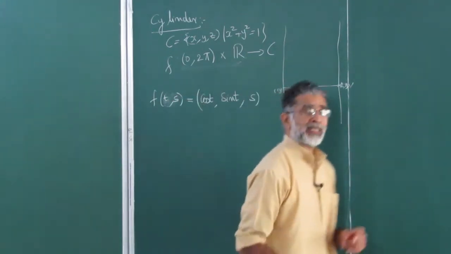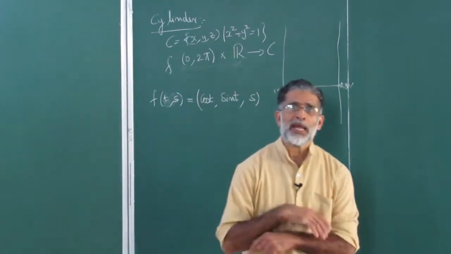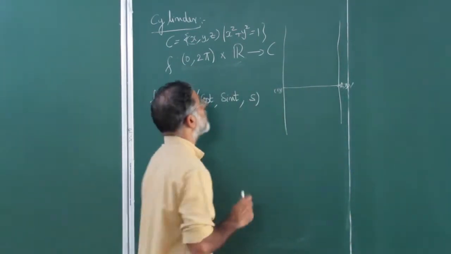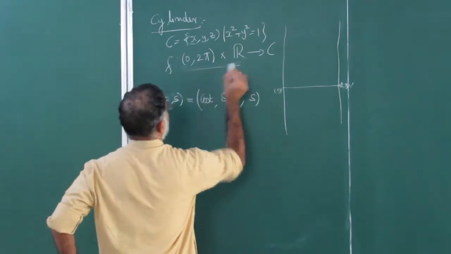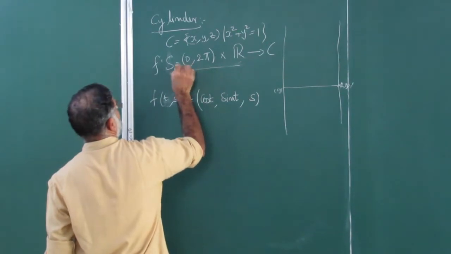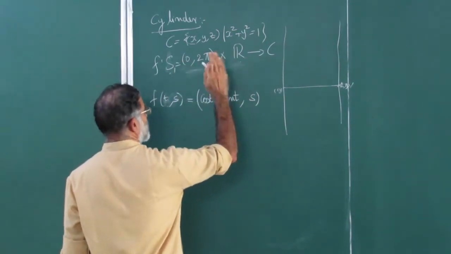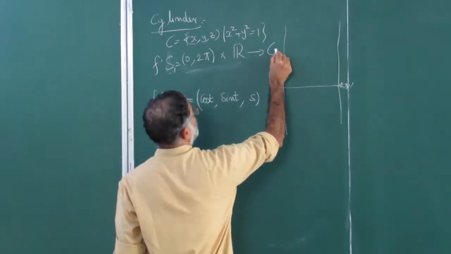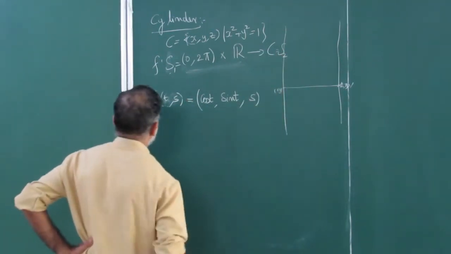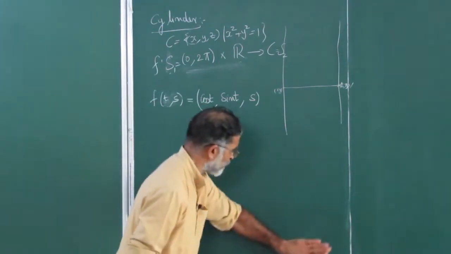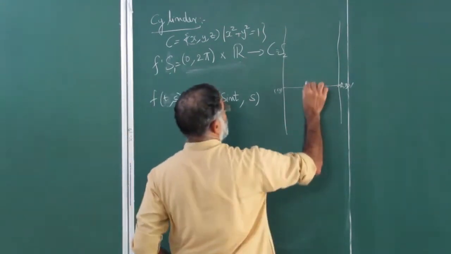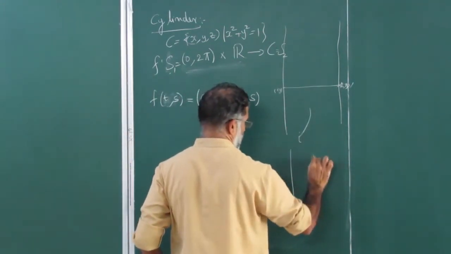Now to show that this is an isometry, we have to take any arbitrary surface patch. So first, this is a surface, this is your S1, an open subset of R2, which is also a surface, and this is your S2, the cylinder.